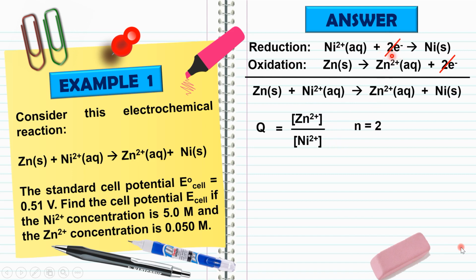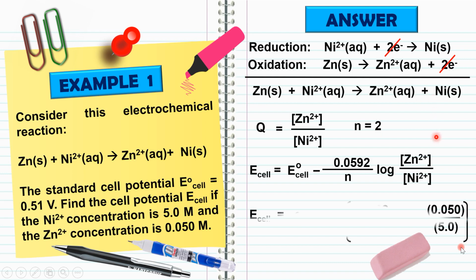And the number of electrons transferred here is n equals 2. Then write the Nernst equation formula and substitute the value of Q here. The Q expression, you have to write exactly like this. You cannot write just general log Q, because the overall equation is already given in the question, right?